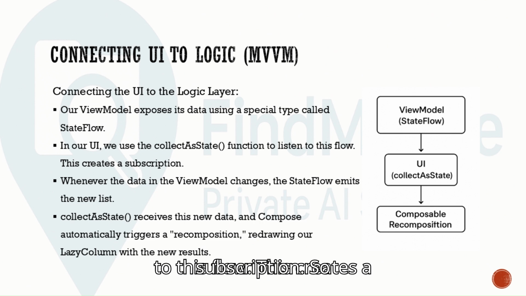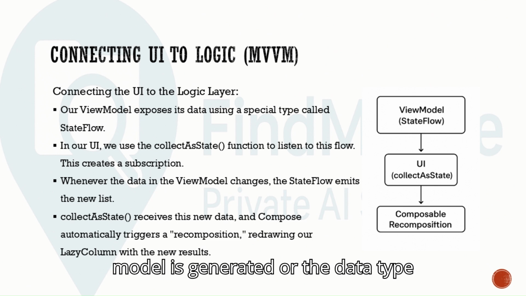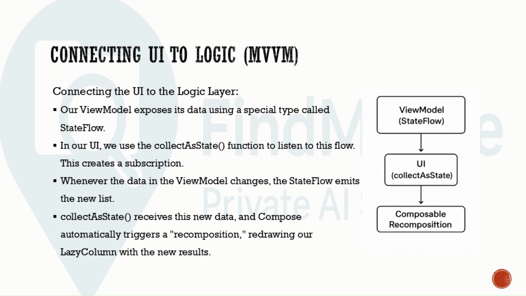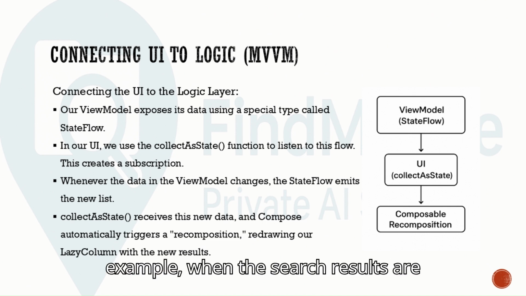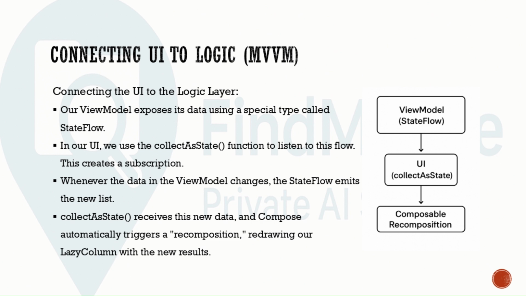In our UI, we use the collectAsState function to listen to this flow. This creates a subscription. So whenever new data in the view model is generated or the data changes, the state changes. For example, when the search results are ready, the state flow emits the new list.